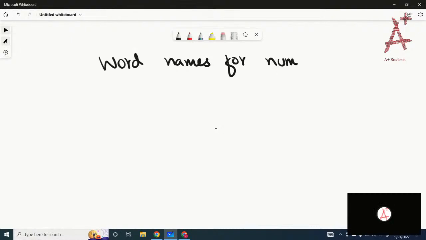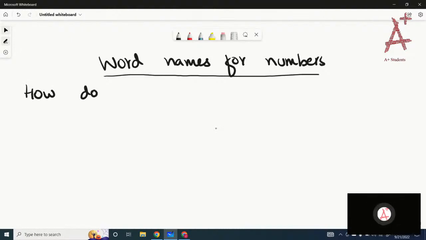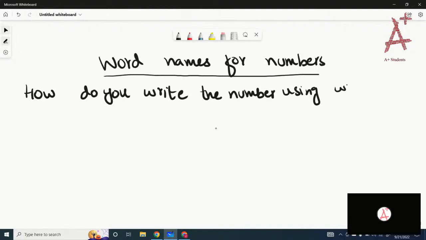Okay, the first one is: how do you write the number using words? That means you are given digits and you have to write them in words.